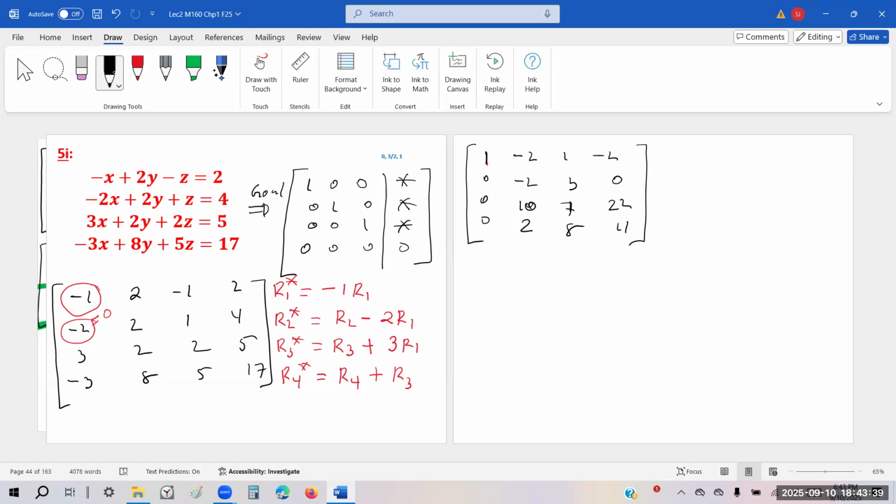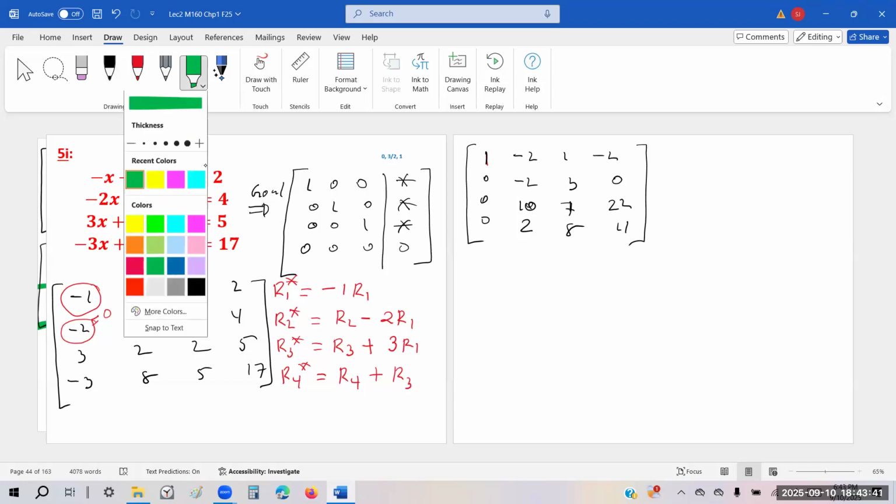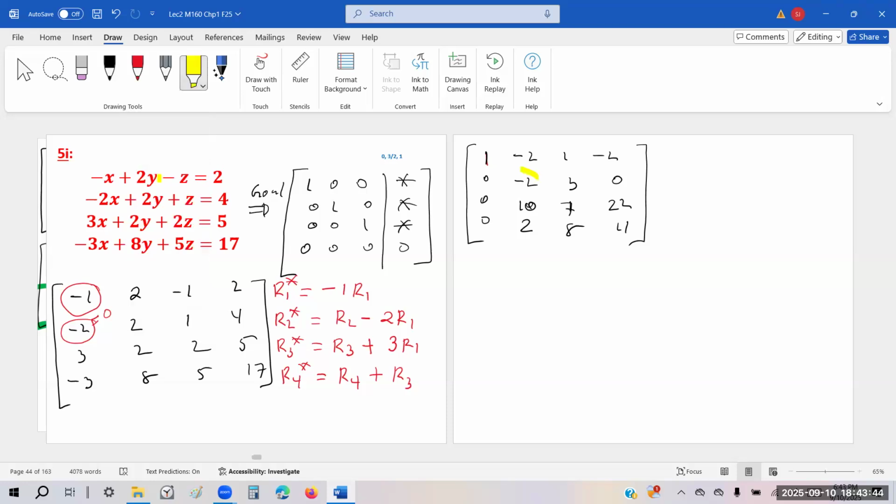So that means now our goal is to change all of this. The -2, we want to have 1 there. So the new row 2, how can you turn -2 into 1? Dividing by -2. So new row 2 is current row 2 divided by -2, or multiply by -1/2.